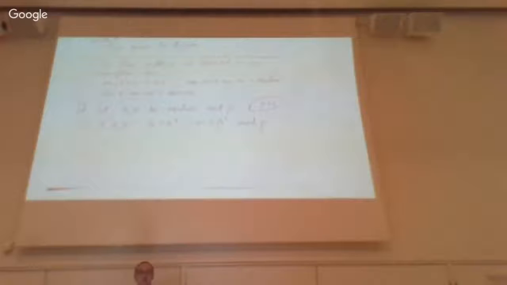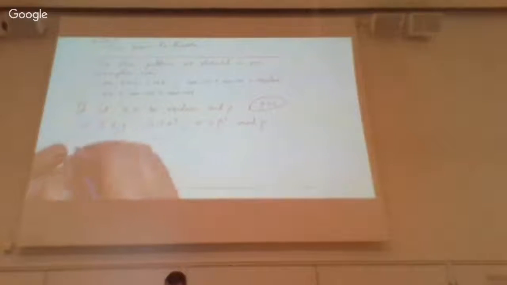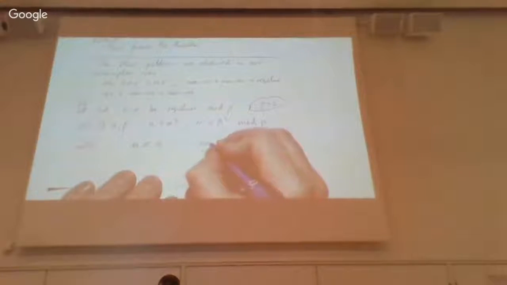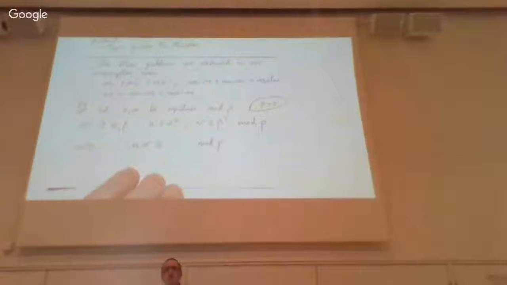That's what it means to be a residue. Now here we're dealing with two residues. We're going to multiply them together and look at the product u times v.